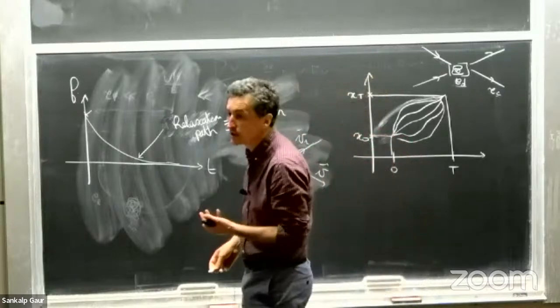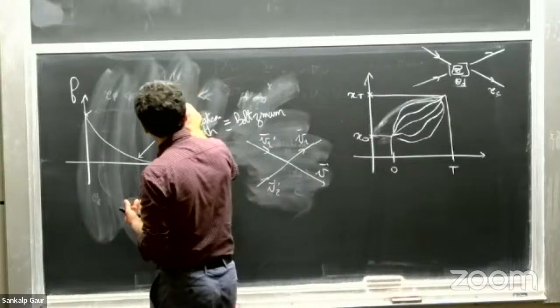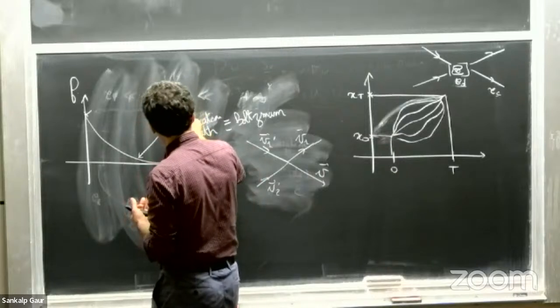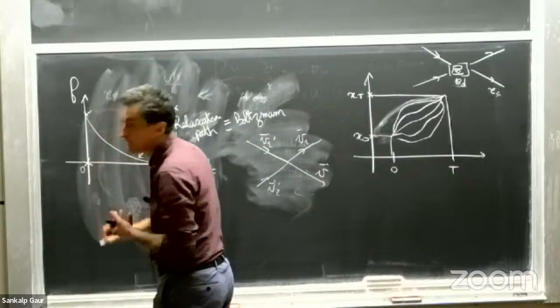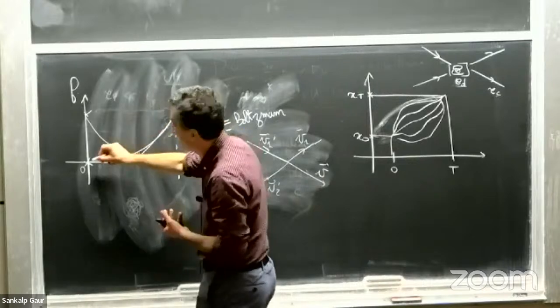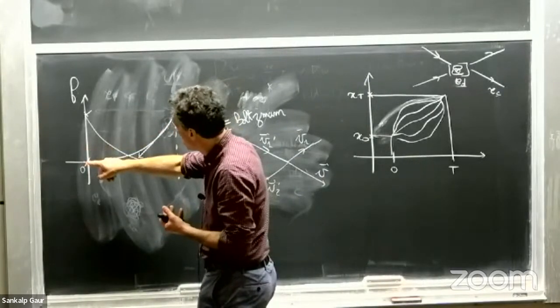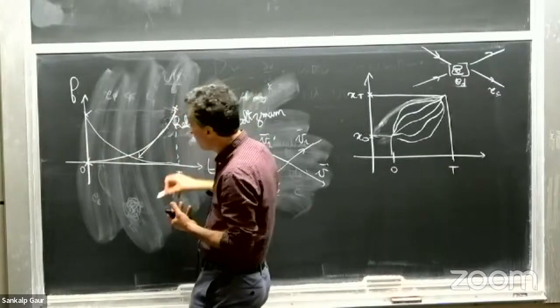But then you can ask whatever you like. For instance, you can ask, well, what is the probability to arrive here at time capital T, starting from the equilibrium at time 0? And then you get what is called the fluctuation path. And then the rare event is the trajectory that leads you to this fluctuation, okay? Or it could be anything else.